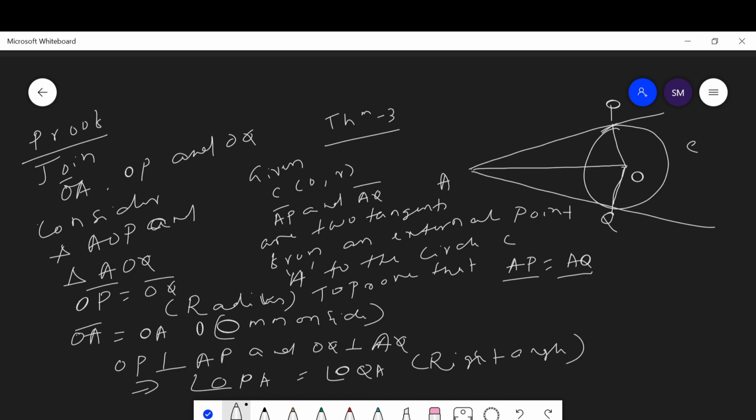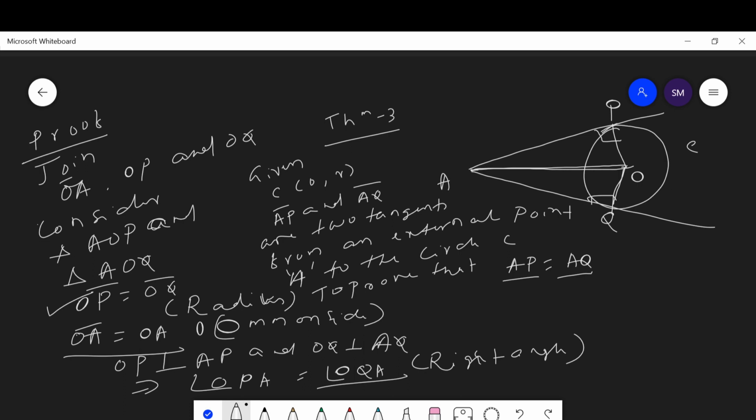This means by the RHS property, right angle, hypotenuse, side: OA is the common hypotenuse for the two triangles.